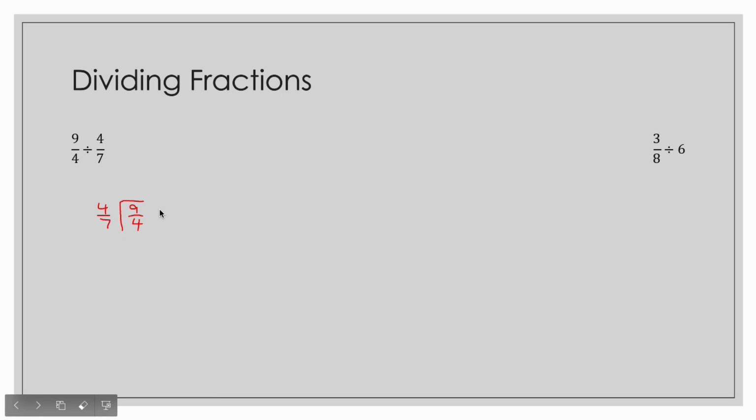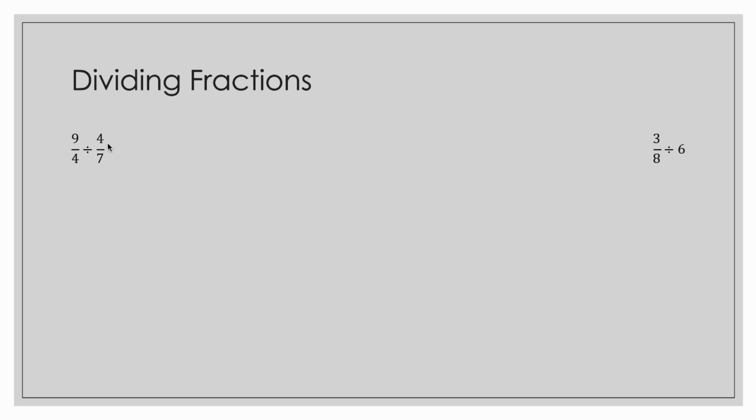Okay, so let's find the reciprocal of 4/7. As I showed you in the terms to know slide, all we do to find the reciprocal is switch the numerator and the denominator. So let's just do that.